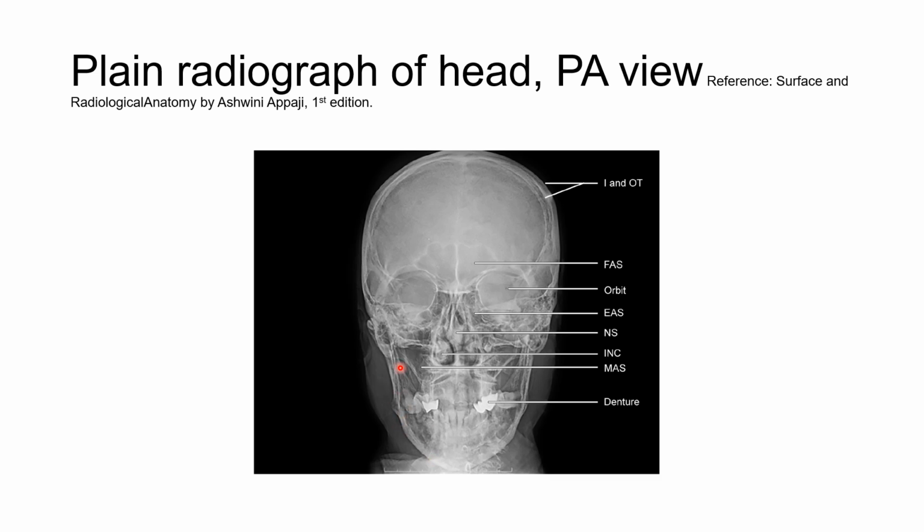No, you cannot differentiate. But you can say that this gray zone contains soft tissue. That's all you have to say.